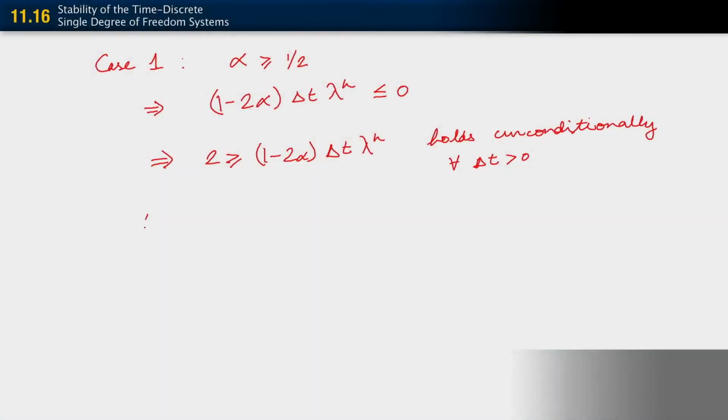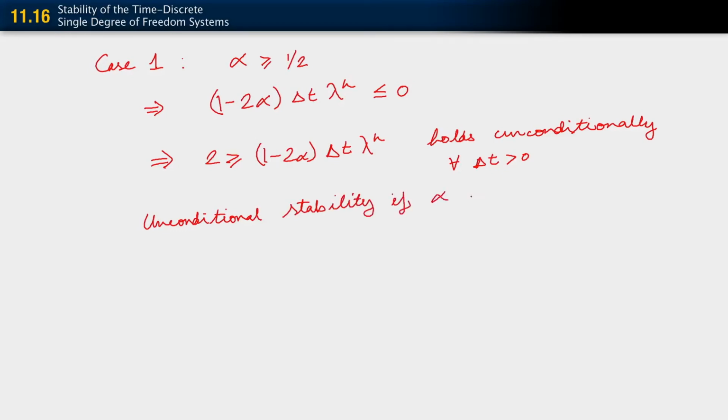So this is unconditional stability if alpha is greater than or equal to 1/2.